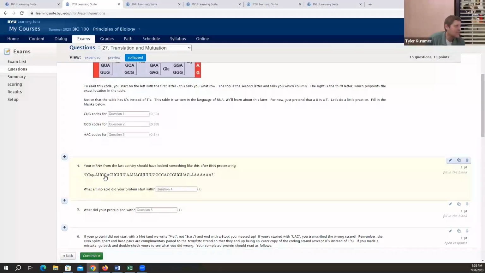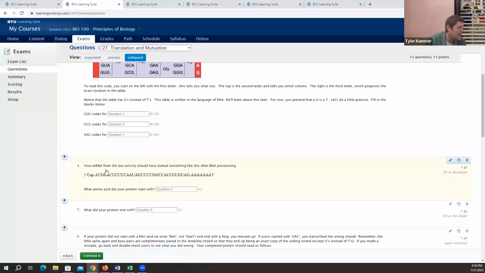If we were to add an extra C in between that G and C here, now all of a sudden our reading frame shifts. Instead of being CAC, we have to shift it to the left because we have an extra base in there. And that's going to cause the reading frame to shift for every codon after. And that means that every amino acid is potentially different after that point.